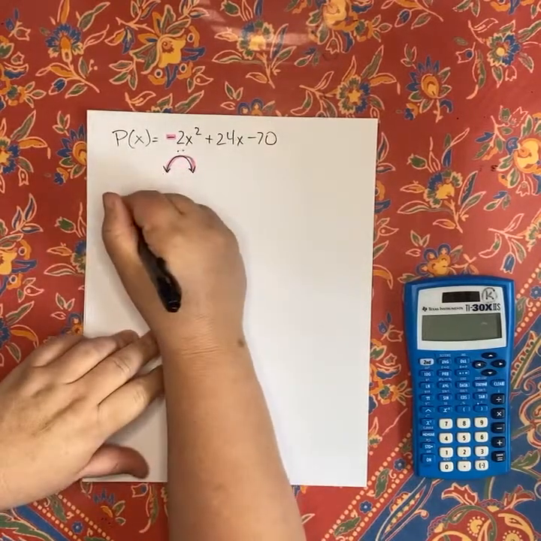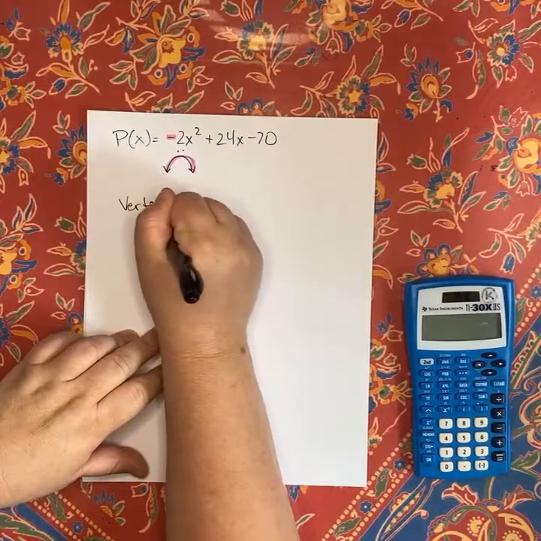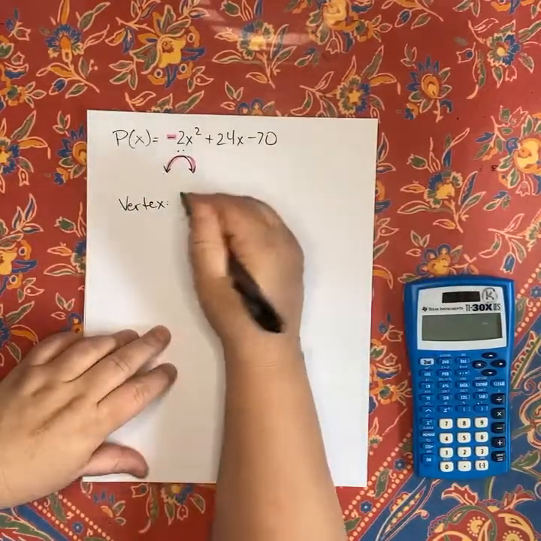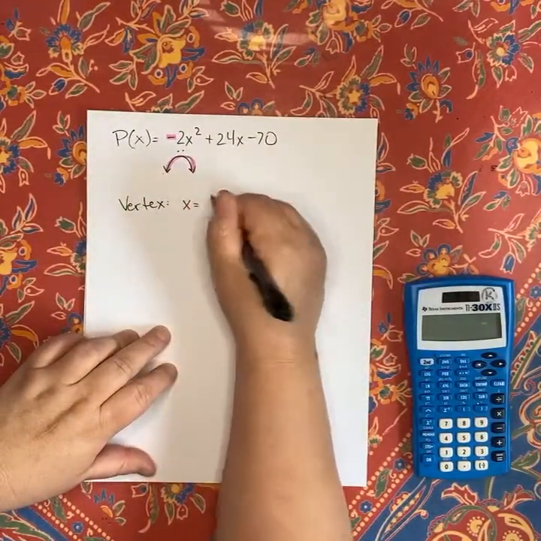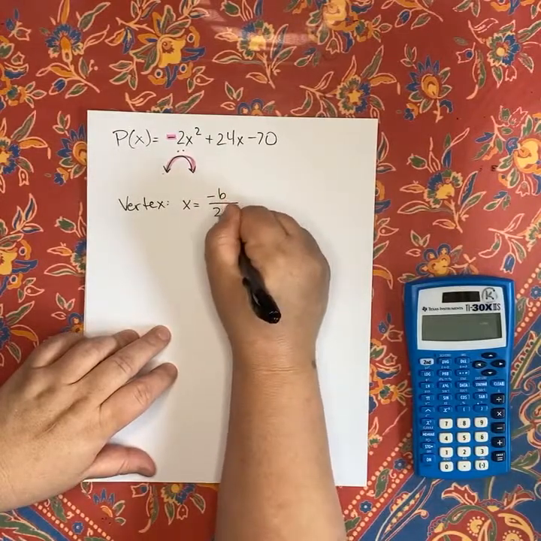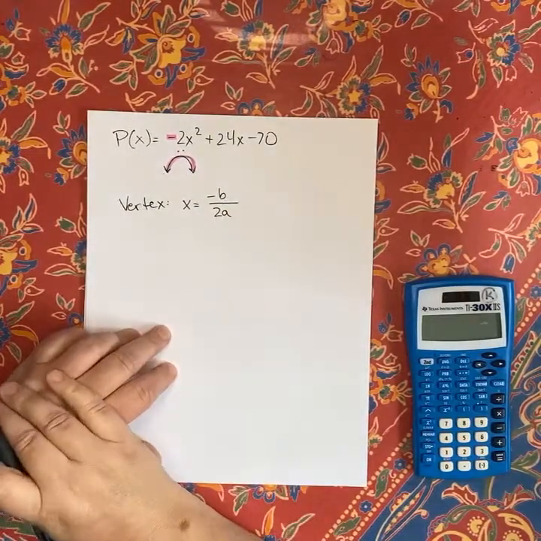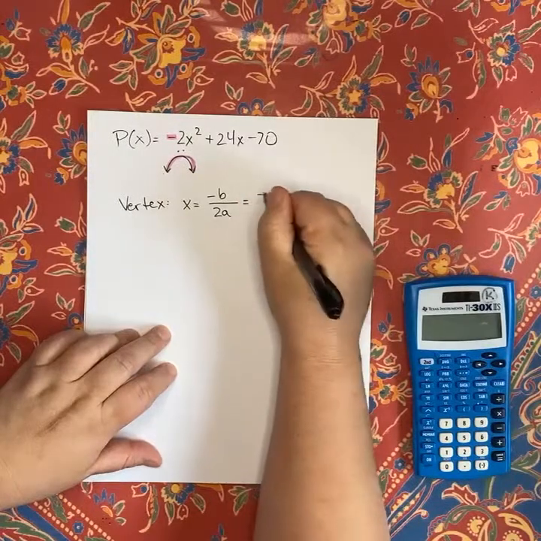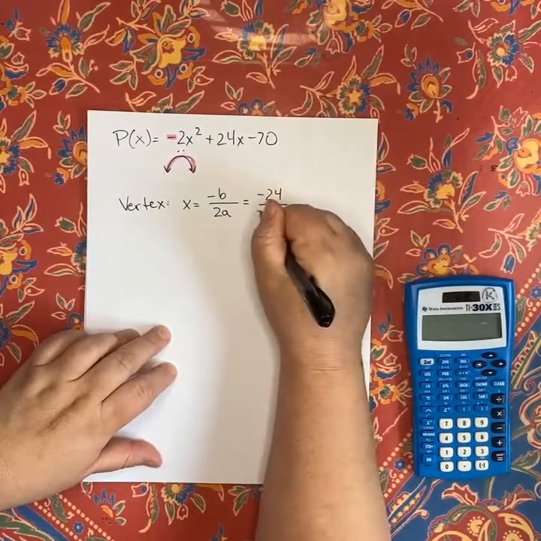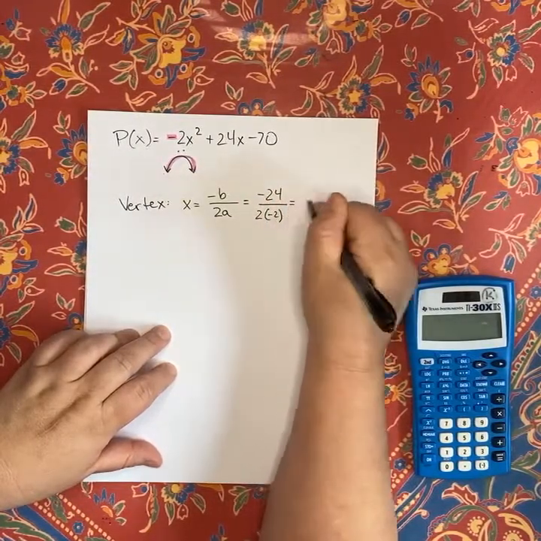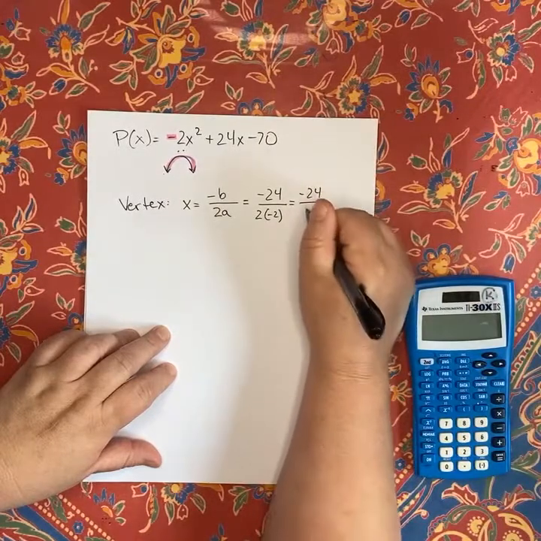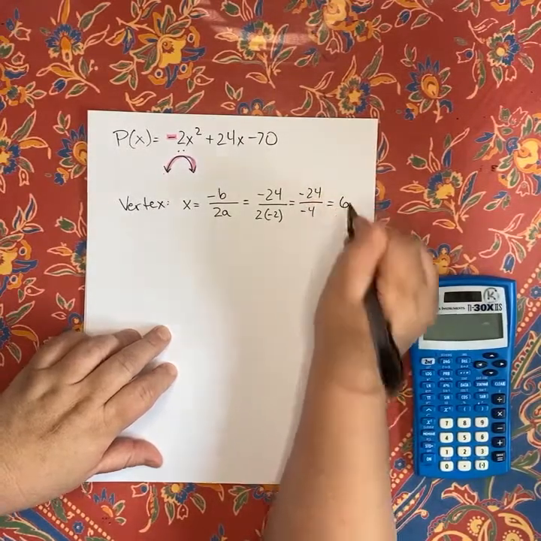One point would be the vertex. And this just has to do with the formula. The vertex is given by the first part of the quadratic formula, the opposite of b over 2a, which is the opposite of 24, all over 2 times negative 2, which is the opposite of 24, all over negative 4, which is 6.